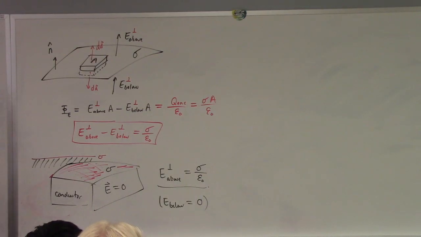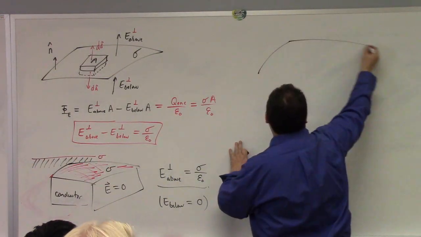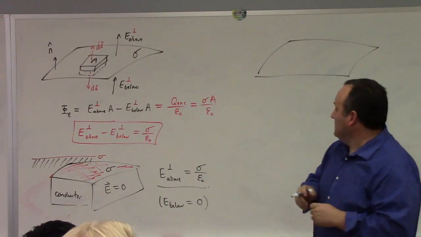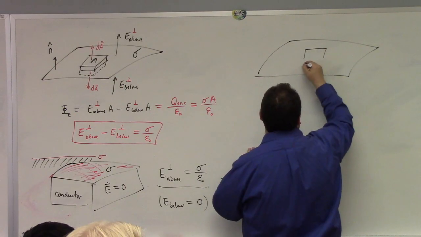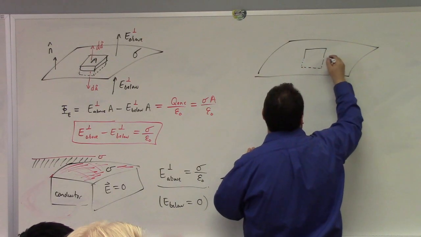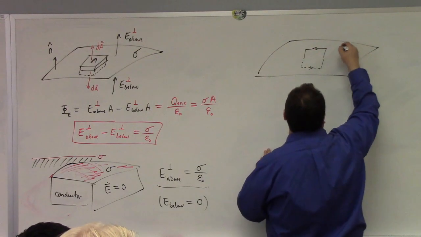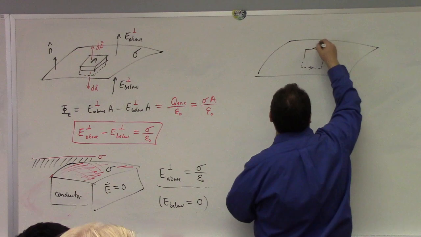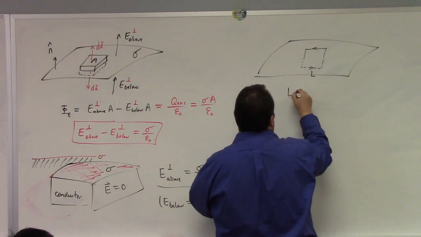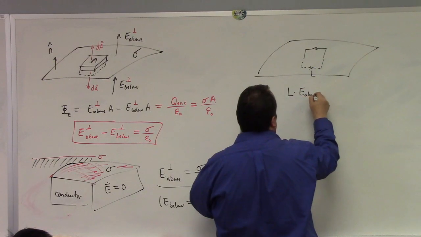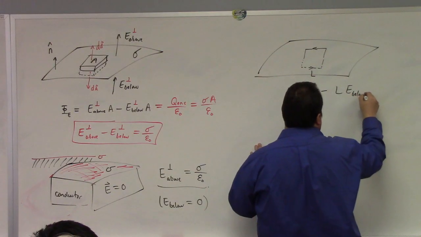But the other thing we can do in the same context is think about a loop. We can let the loop go like this and like that, and talk about this length being L, let's say. And so we'd have L times E above minus L times E below.